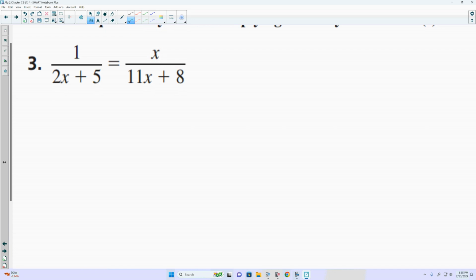We'll skip over the restrictions because the restrictions are going to tell you what they are, is that x cannot be negative 5/2 or negative 8 over 11. So those are the two restrictions, because if we set those equal to 0 and solved, we would get these as our restrictions.